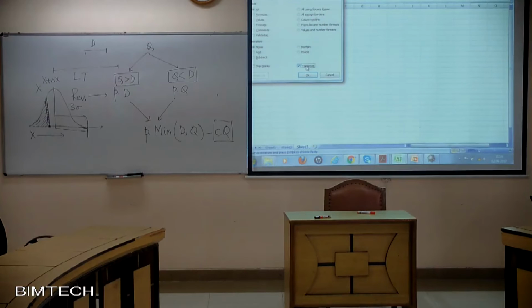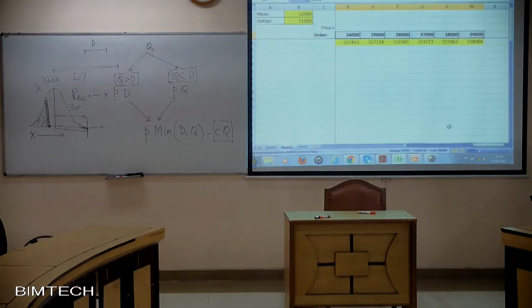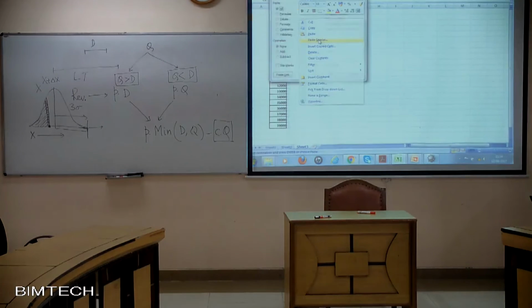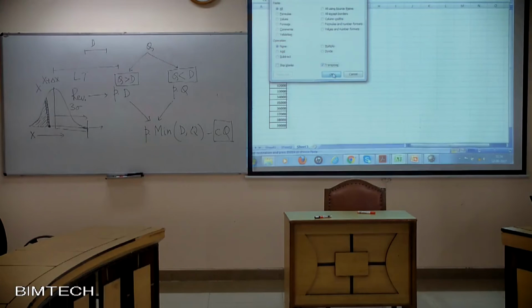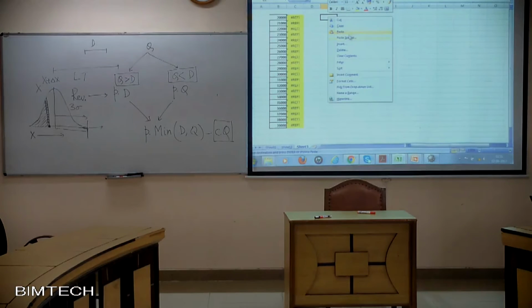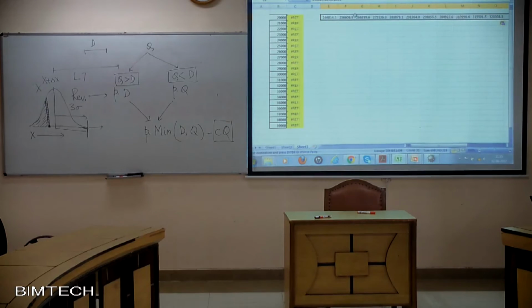Here I do a transpose so that I get all the order quantities here, and then let me also take the profit figures, do a Control C, copy, and then let me try transpose. I'm not sure whether this is going to come or not. Oh, no, it didn't. So let me paste this as values first. Yeah, and then copy this one and transpose it here.